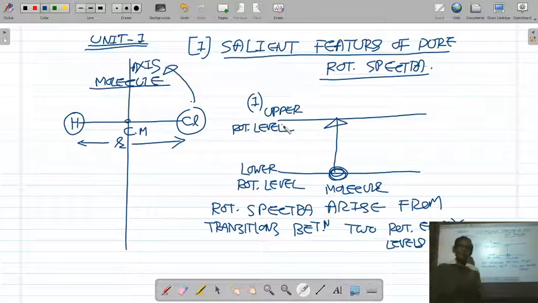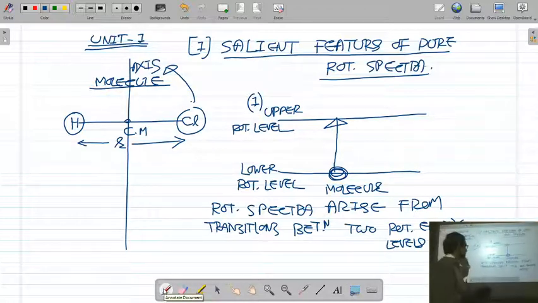In easy language, when the molecule makes a transition from the lower rotational energy level to the upper rotational energy level, we get rotational spectra. Okay. This is the first salient feature of the rotational spectra.